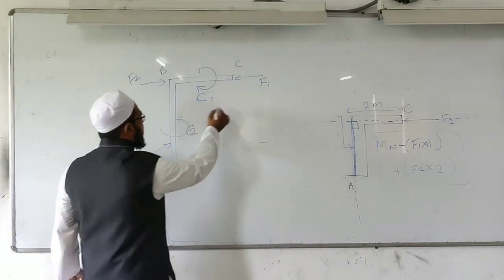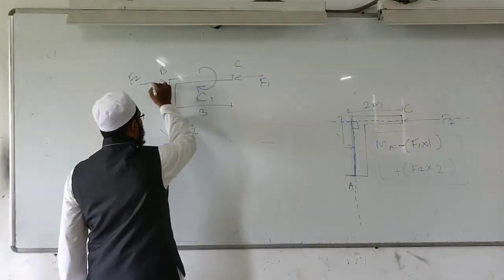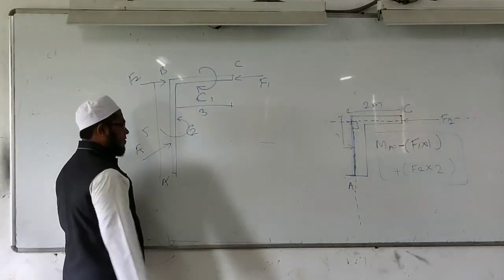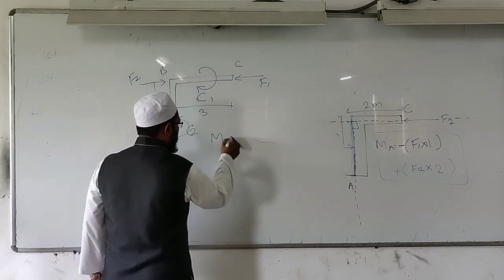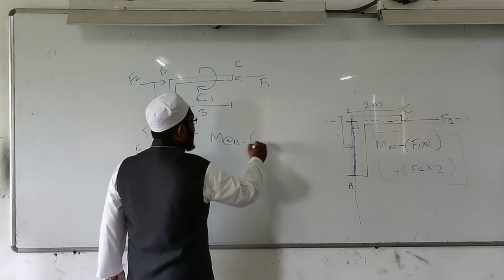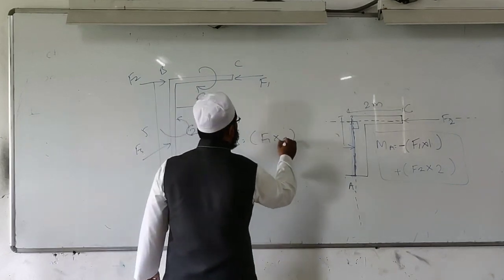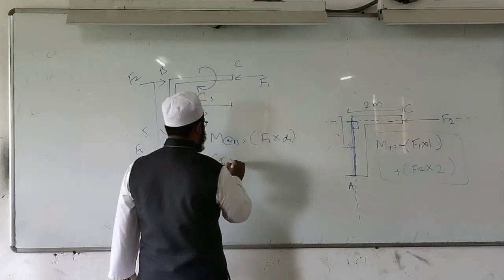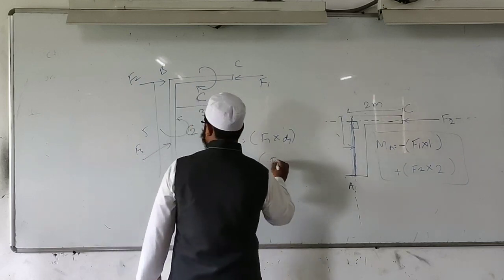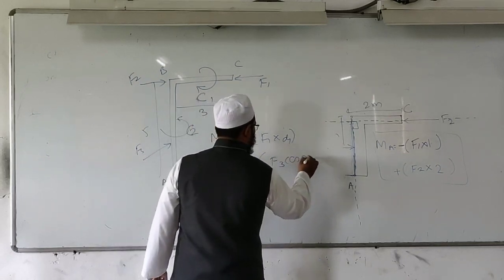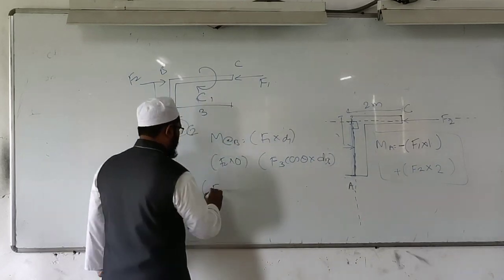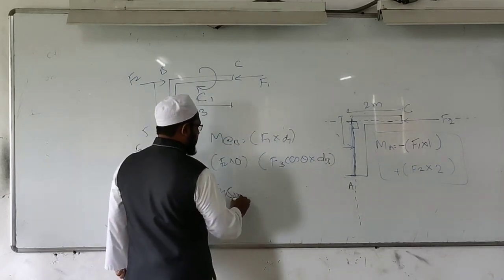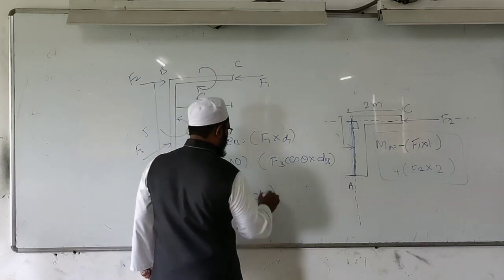For example, if it is 3 meter and 5 meter, then I will calculate the moment about point B. I will find the sum of all the forces: F1 into D1, F2 into 0, F3 cos theta into D3, F4 sin theta into D4.